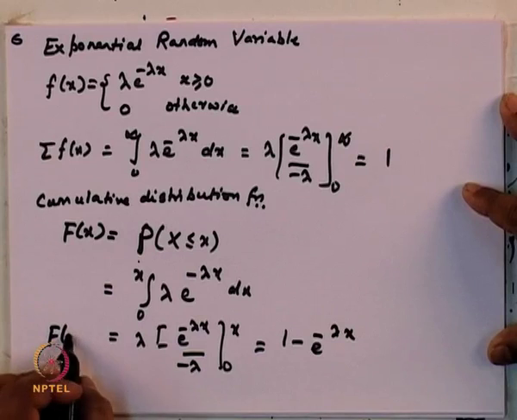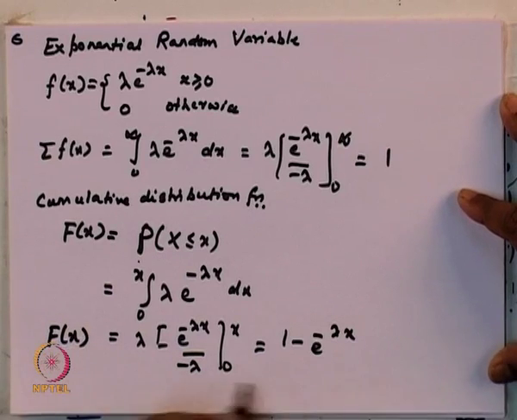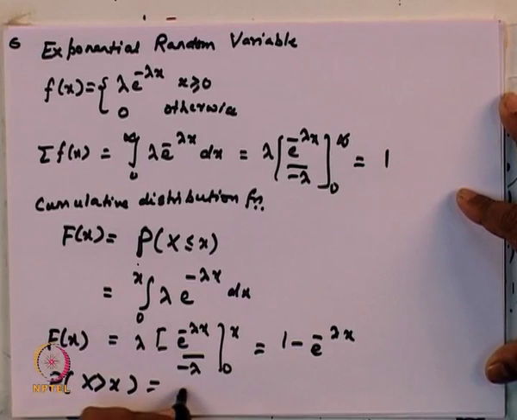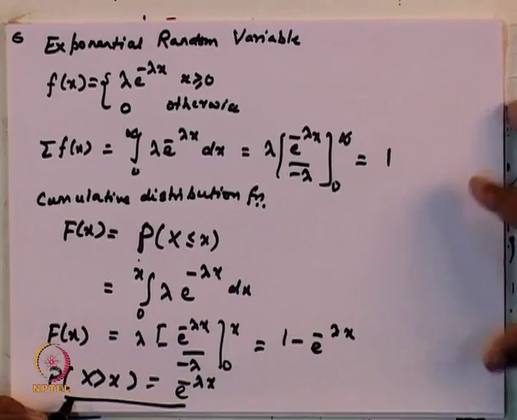So, your cumulative distribution function is this, which means that the probability of X greater than x will be equal to e to the power minus lambda x. We will make use of this probability slightly later.